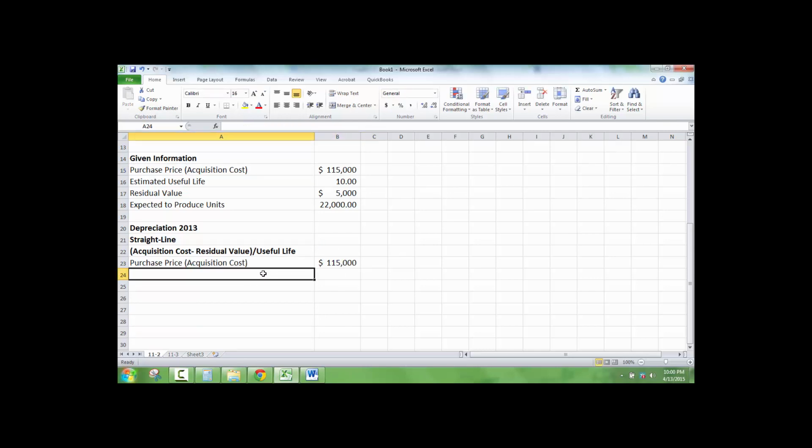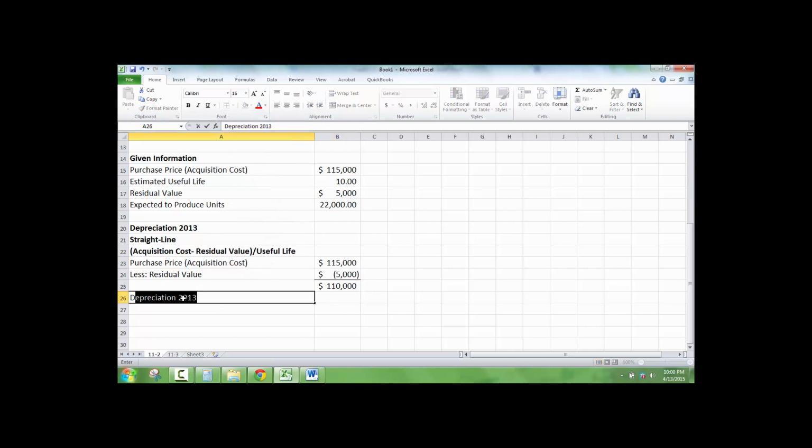Is 115,000 less residual value divided by useful life, depreciation.